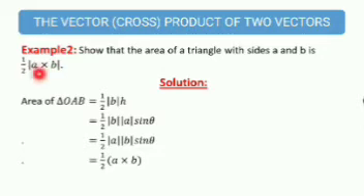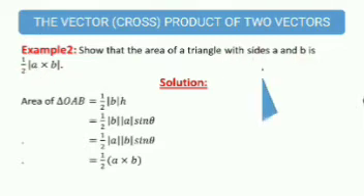Because this one serves as the area of the parallelogram, if you find half of the area of the parallelogram, you are going to get the area of the triangle.